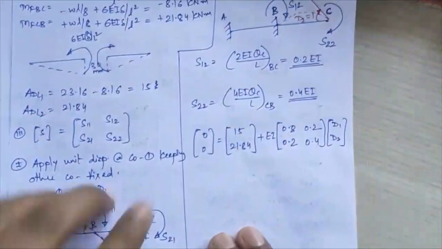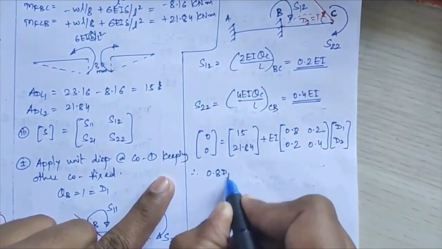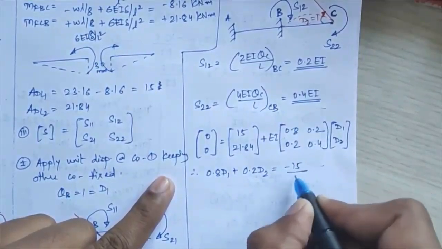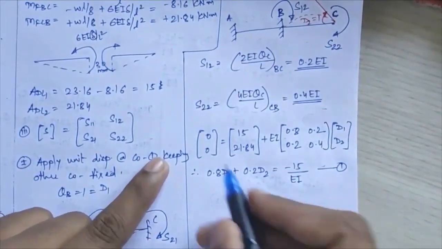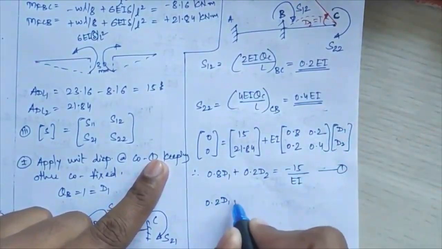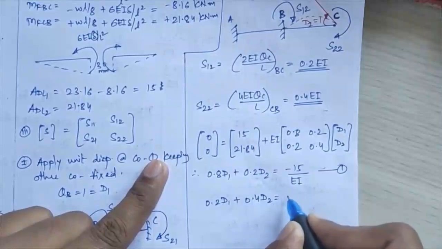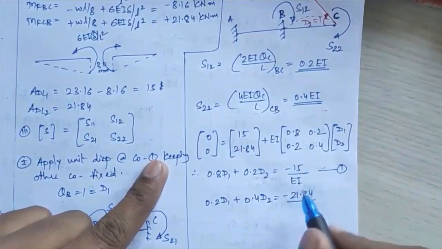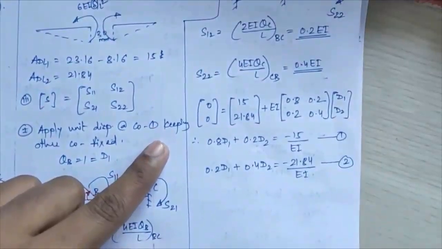If I solve these, I'll get two equations. The first equation will be 0.8 times D1 plus 0.2 times D2 is equal to minus 15 upon EI. And the second equation I'll get as 0.2 times D1 plus 0.4 times D2 is equal to minus 21.84 divided by EI over there. So that will be your equation number 2 here.